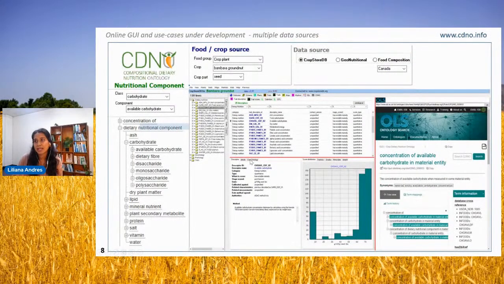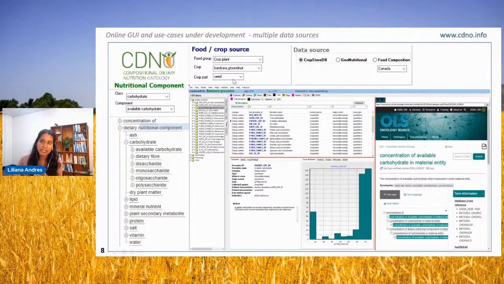And this is just an example of a use case that we have. As you can see here, you can navigate the particular data, specifically, for example, for available carbohydrates. So you can filter or search or navigate the ontology here and try to find the specific chemical component you are looking for in a specific crop plant or a crop part as well.